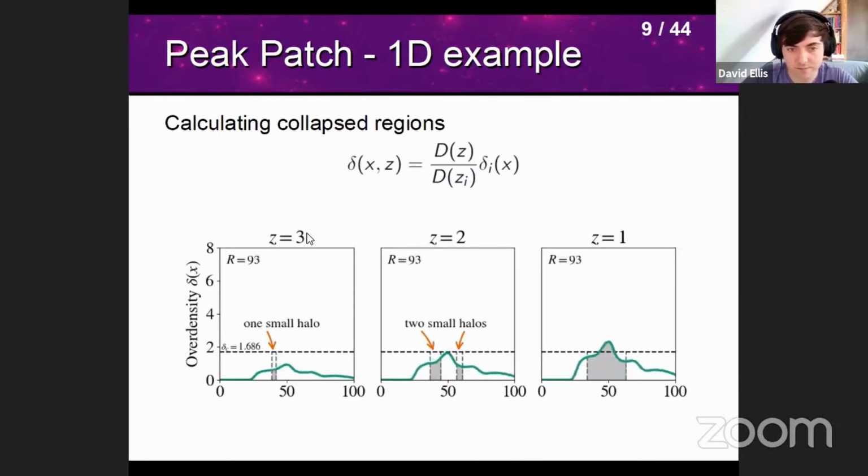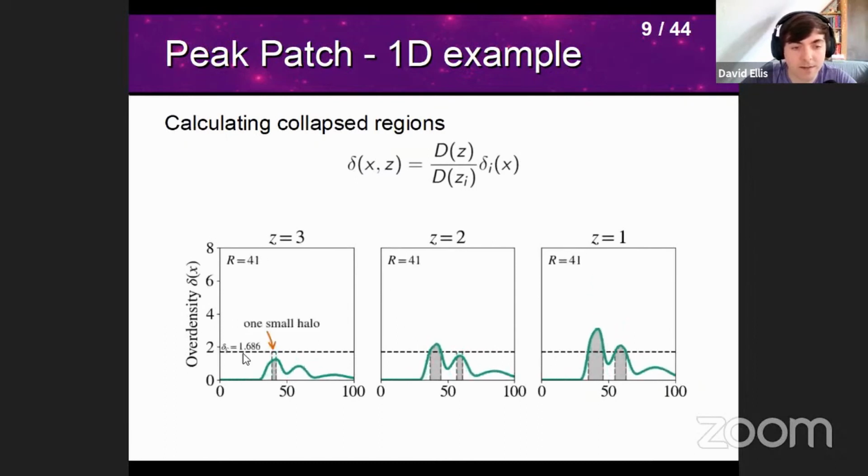We see that at the lower redshift, we only have one halo in this 1D example. At a later redshift, we have two, and then finally we can see that these two objects have merged into one large halo.